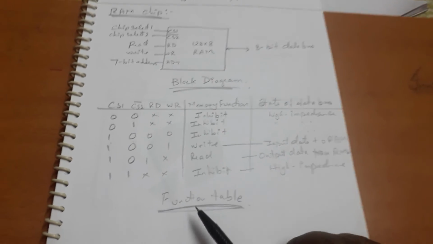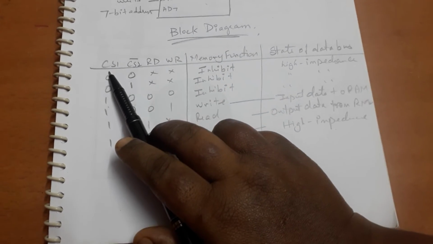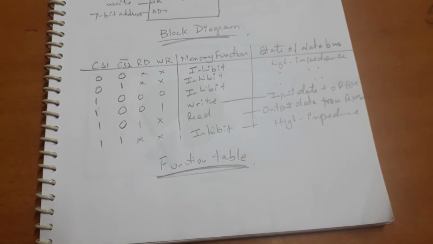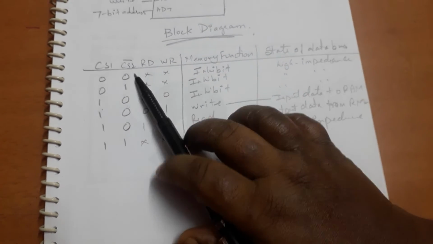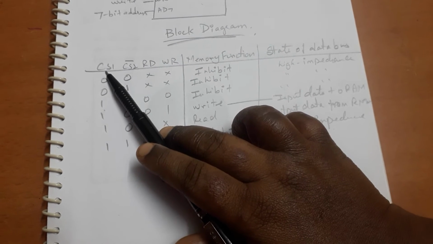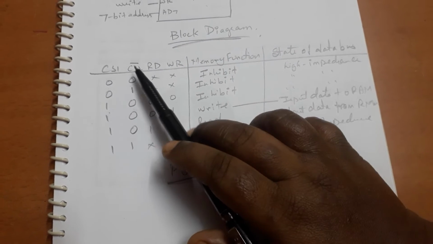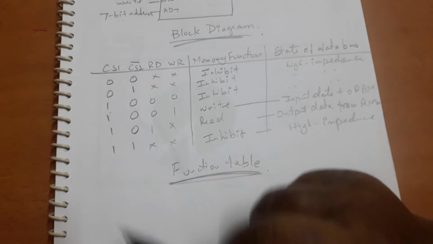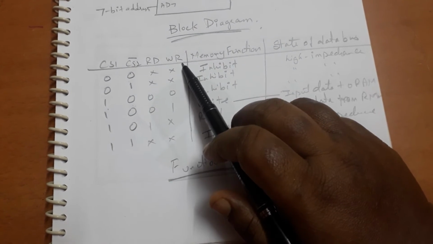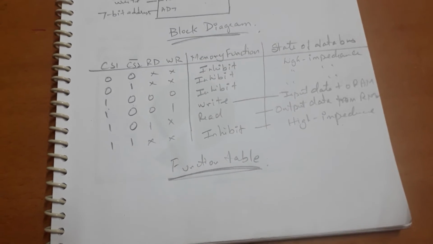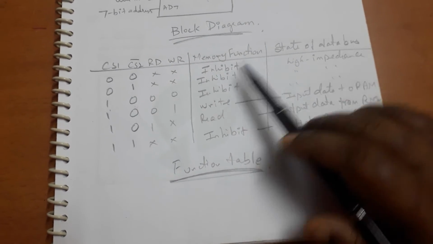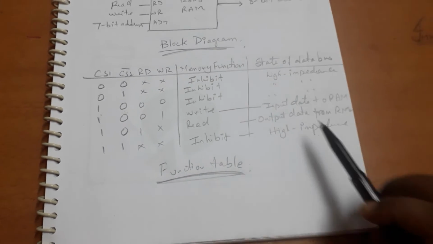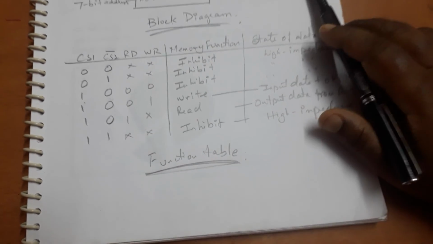If you look at this function table, we have different columns here: CS1, CS2, the different possibilities you can apply, the read and write pins also, the memory function depending upon the values you are applying, and the state of the data bus.